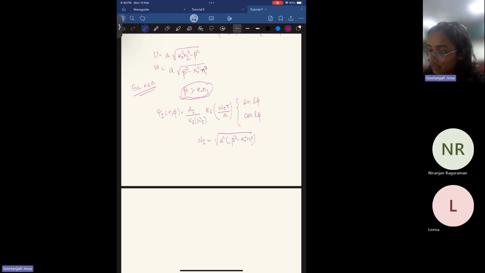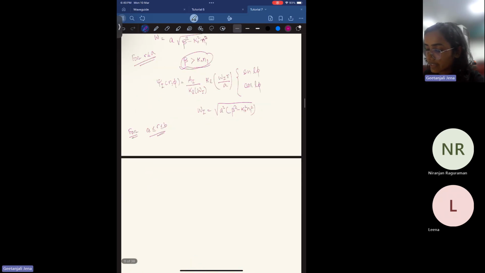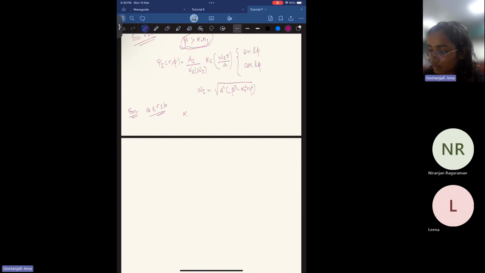So next in region A to B, what do we have? In this region beta is less than K0 N2 and greater than K0 N1. So K0 N1 is less than beta, which is less than K0 N2. That means the solution is similar to a core, the Bessel solution in the core layer.